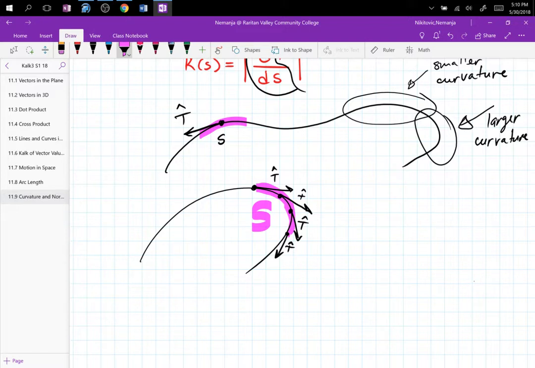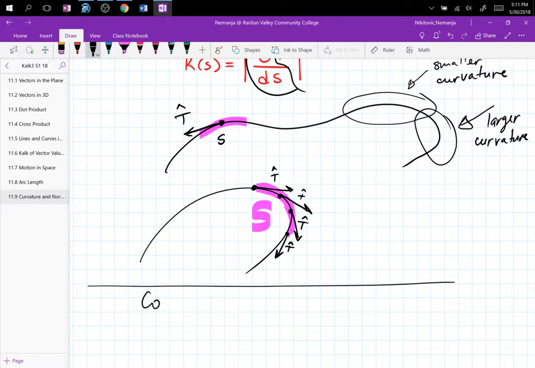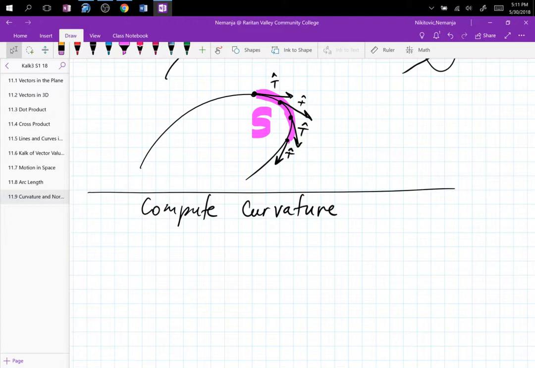So with respect to S, what is the change in the vector? The larger the change, the sharper the curve, the lesser the change, the smaller the curve. Now, as I said, this is used only for us to understand how to compute curvature. We are going to do a slight mathematical manipulation to change our formula into a formula that is going to be used.